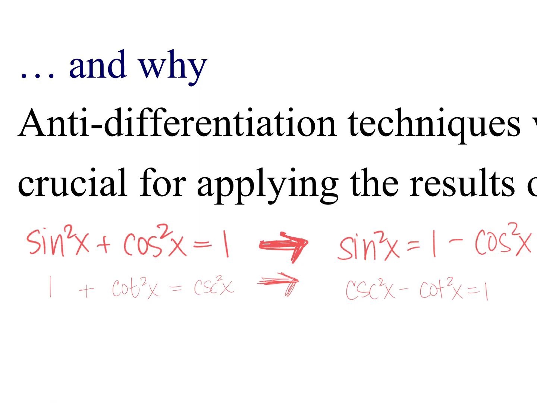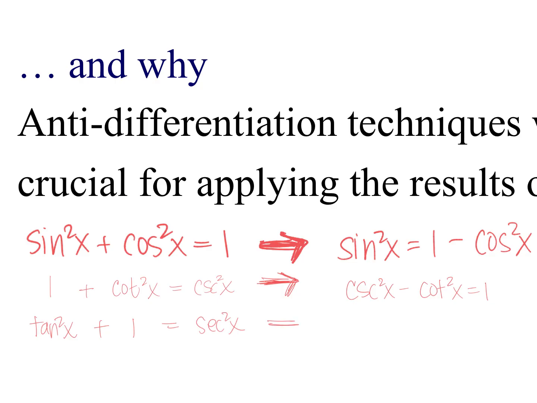What if you went back to the beginning and you divided everything through by something different? Yeah, cosine. So what if you divided everything through by cosine? You get tan squared plus 1 equals secant squared, right?